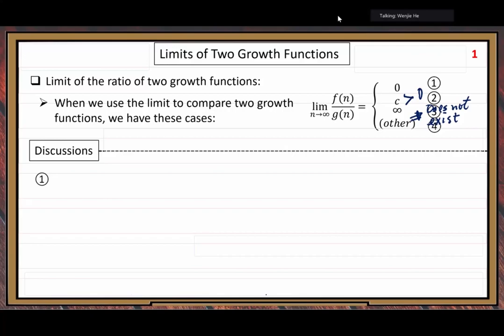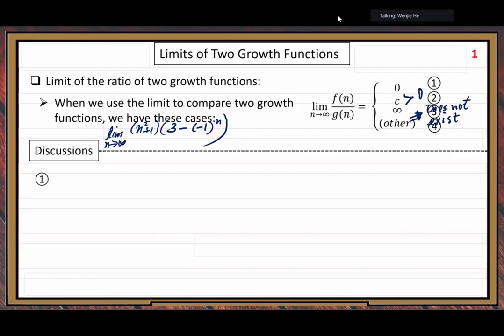Consider this limit. For the f function, let's think about n squared plus 1 times (3 minus (-1) to the n).